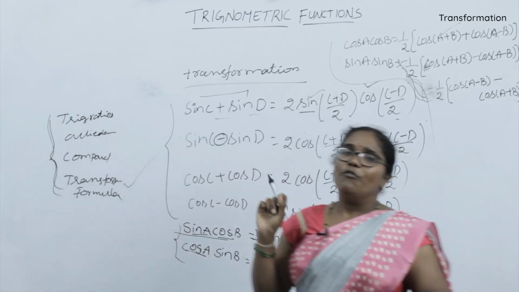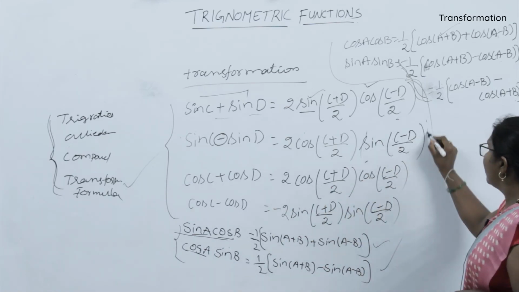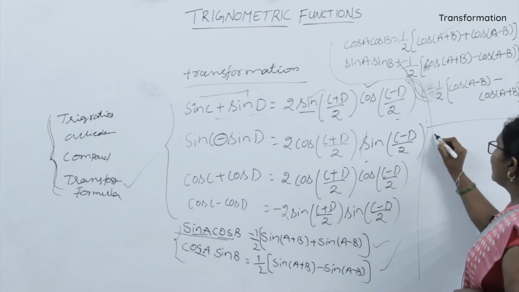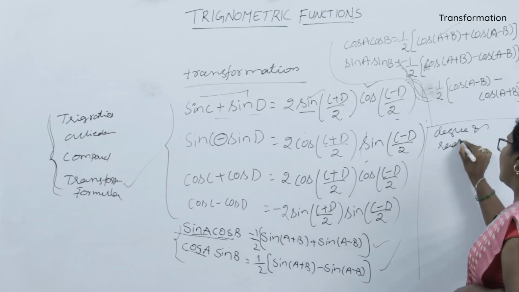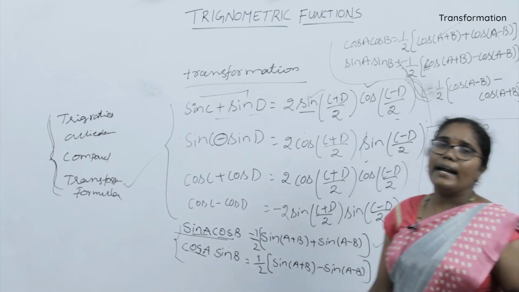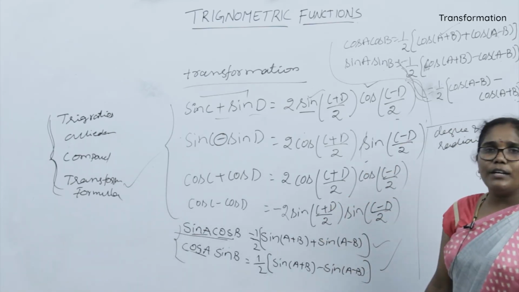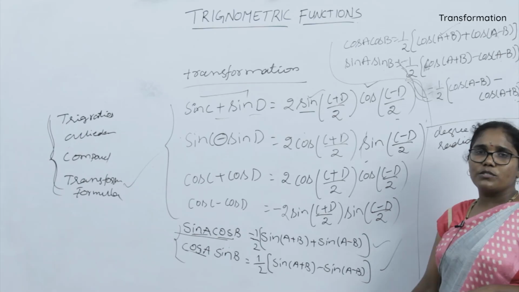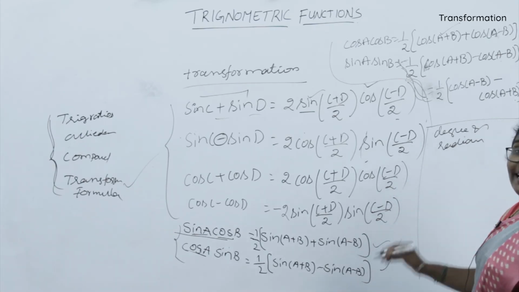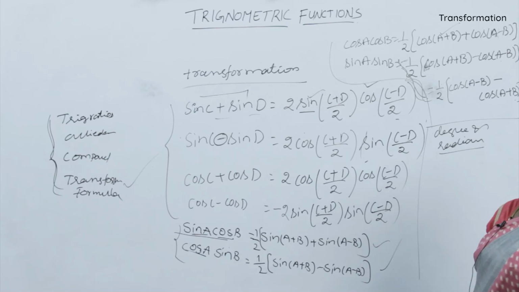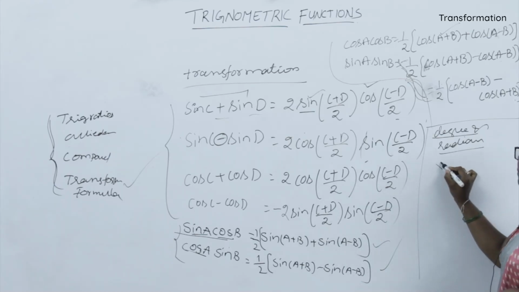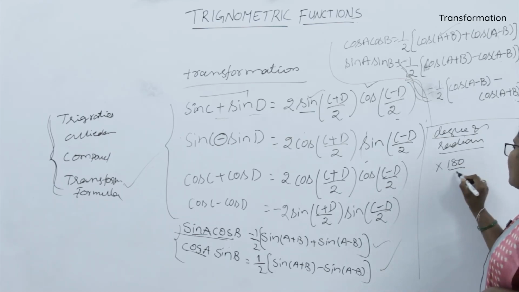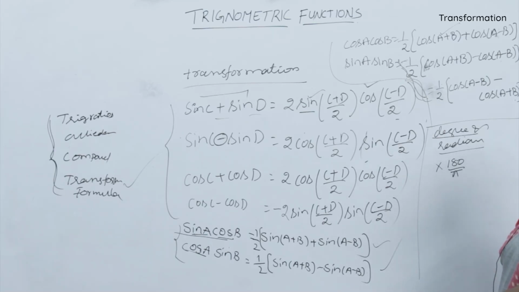One more thing we have is a little topic, that is degree measure and radian measure. Degree and radian. What are degree and radian? You know that we express angles in degrees, like 30 degrees, 45 degrees, 60 degrees, right? In the same way there is radian measure. Almost, we do not use radian, but we have radian measure also. To convert into degree measure, we can multiply by 180 by pi.